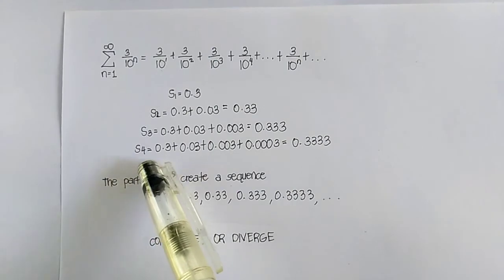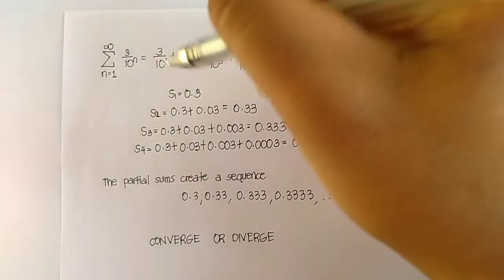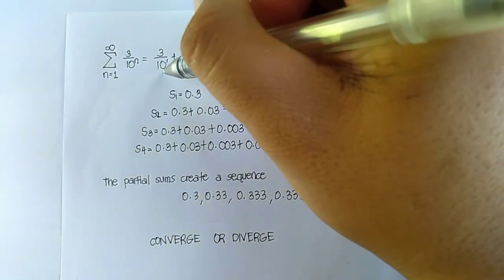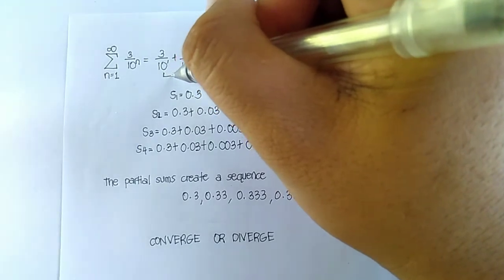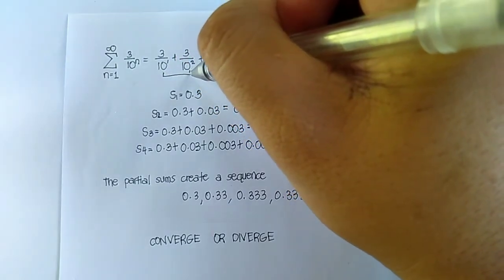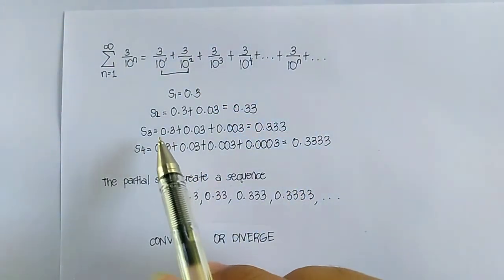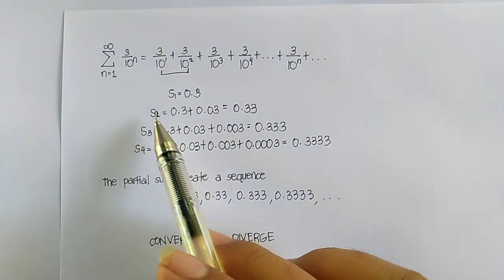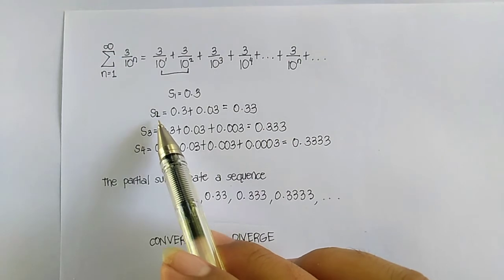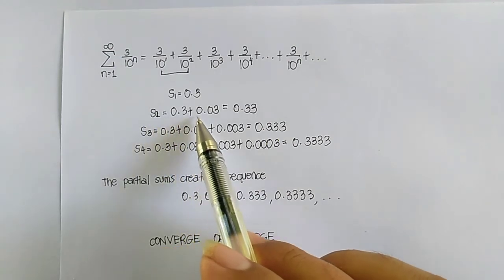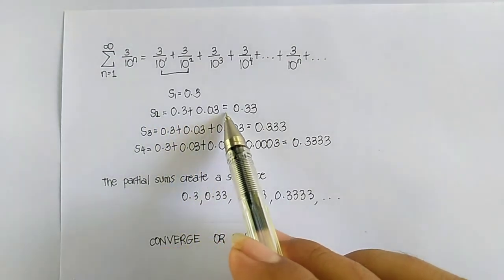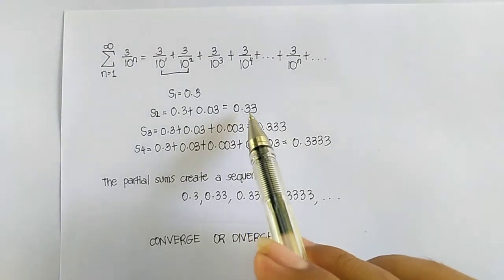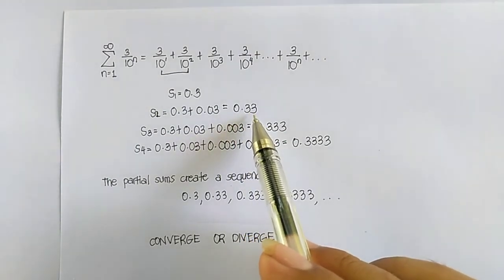Then the sum of the first two terms, which is 3 over 10 and 3 over 10 squared, and we could see in the decimal notation that s sub 2 is equal to 0.3 plus 0.03, which must be 0.33, or 33 hundredths.